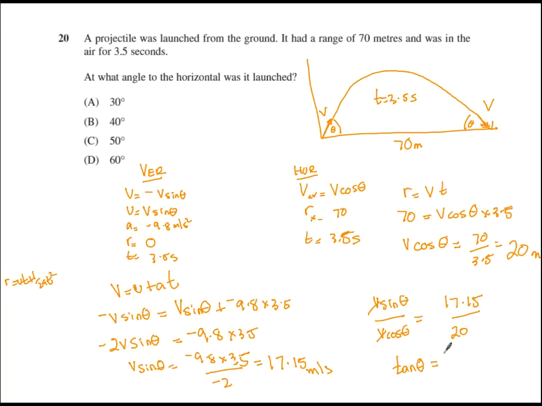So I get the tan of theta equals 0.85. Then of course, if I invert that, I get 40.6 degrees.